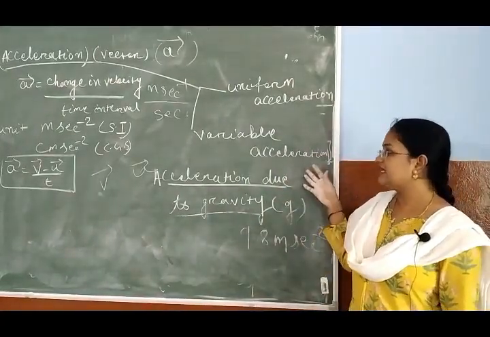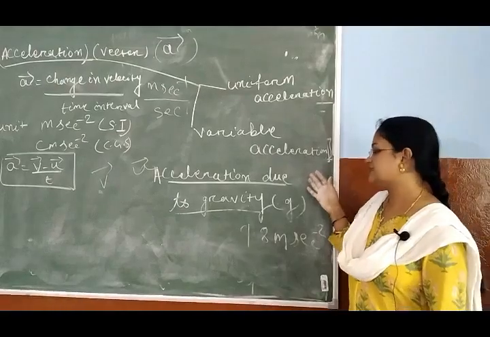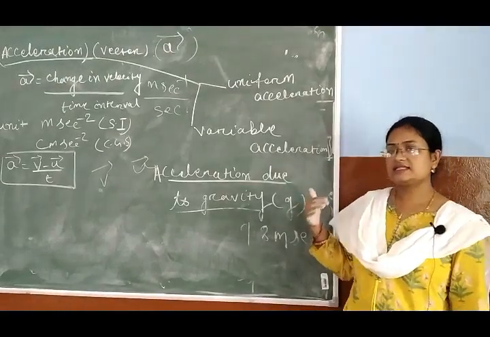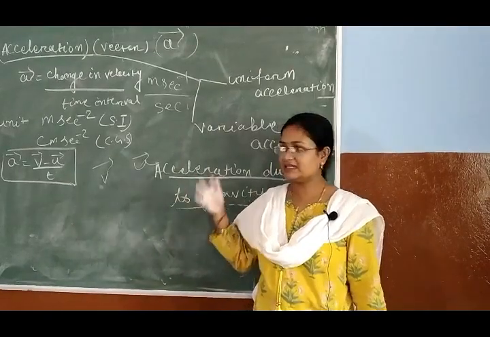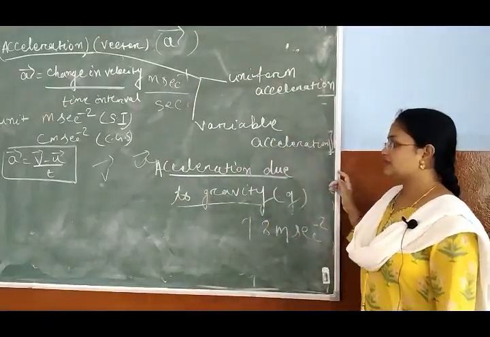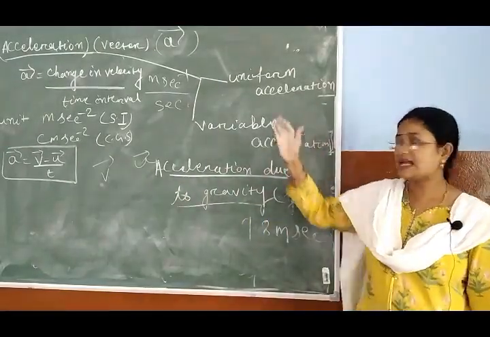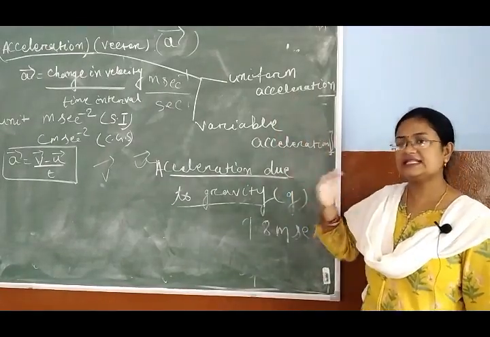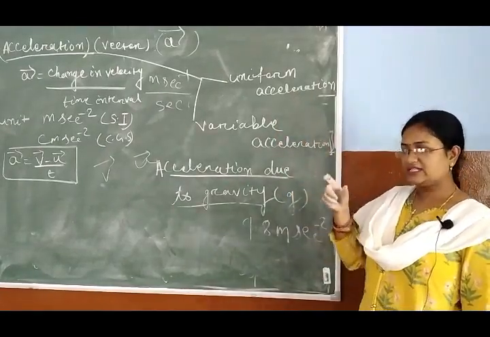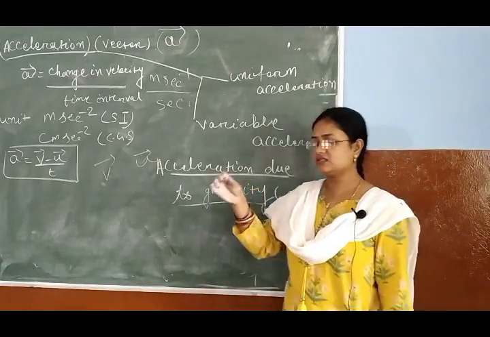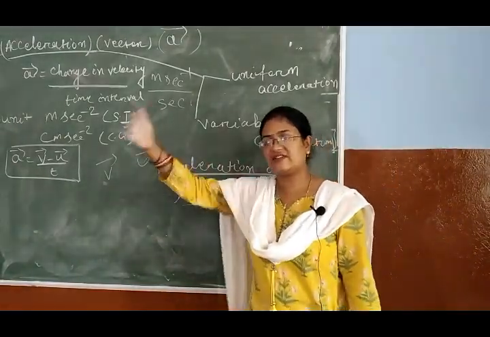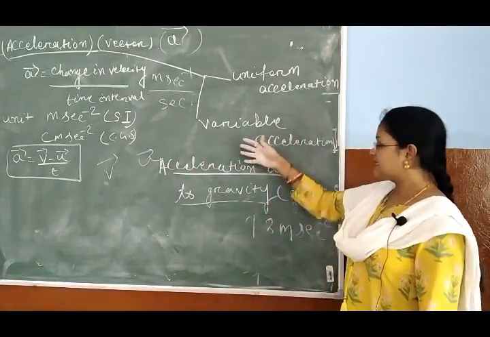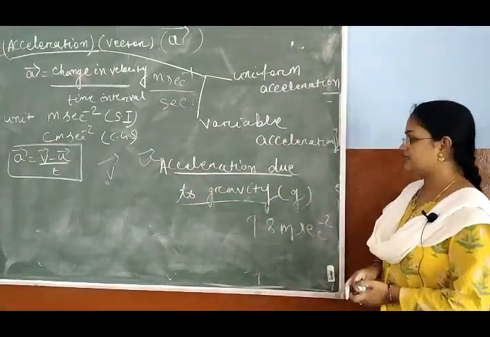Similarly here variable acceleration is also there. Variable acceleration is when the velocity changes not constantly. Suppose in the first interval it is 3, in the second interval it is 5, then it is your variable acceleration.